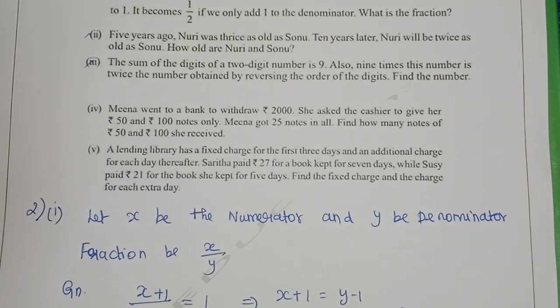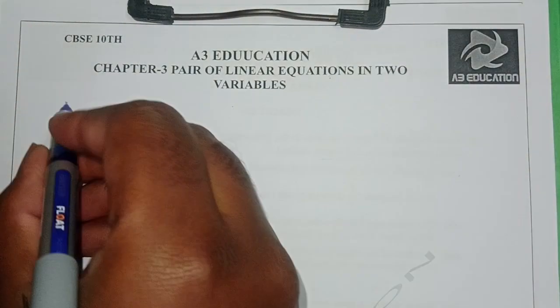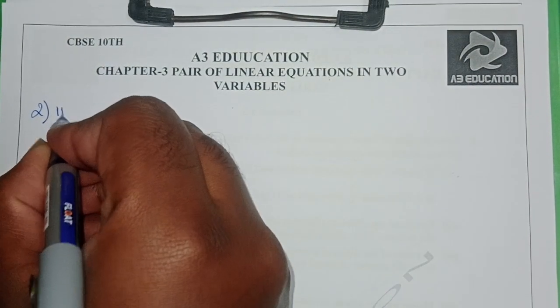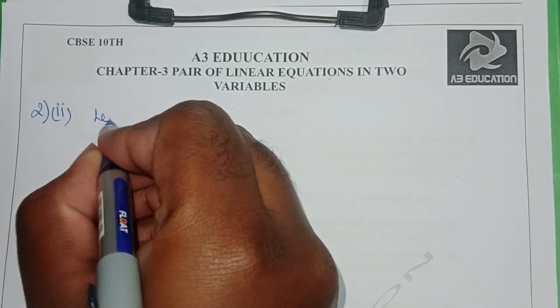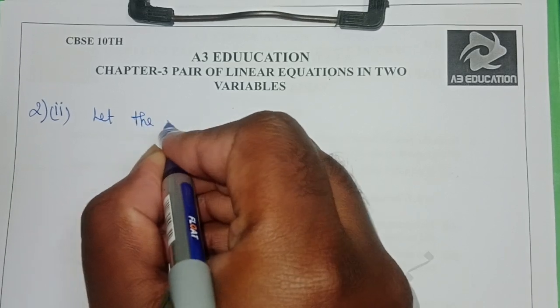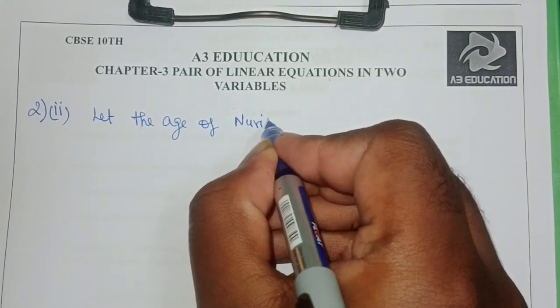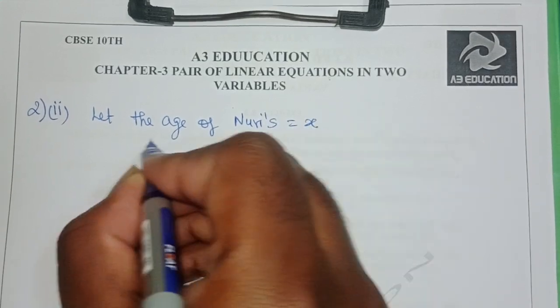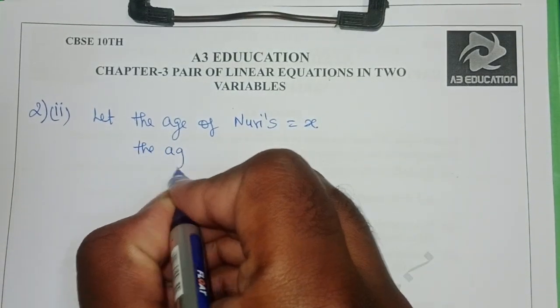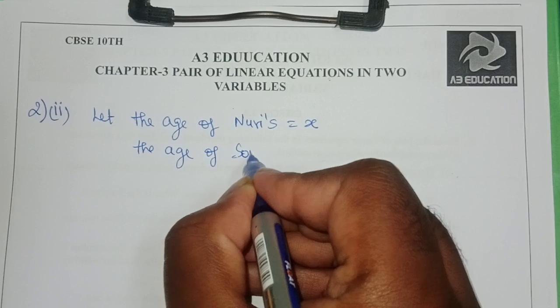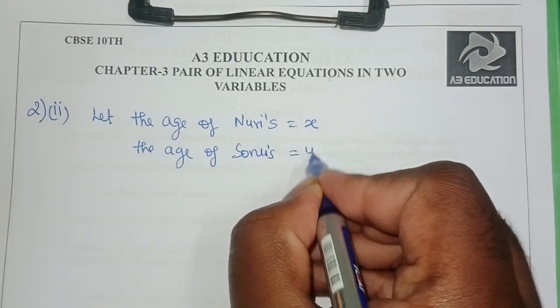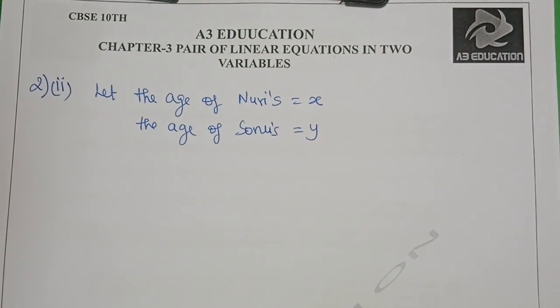Let us assume Nuri is x and Sonu is y, and we will form the equations. Let, this is the present age, Nuri's age be x. The age of Sonu is equal to y. There is no problem in it.